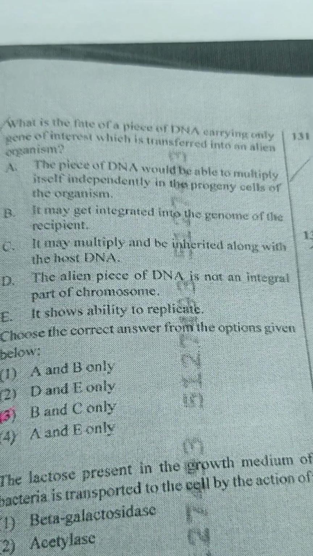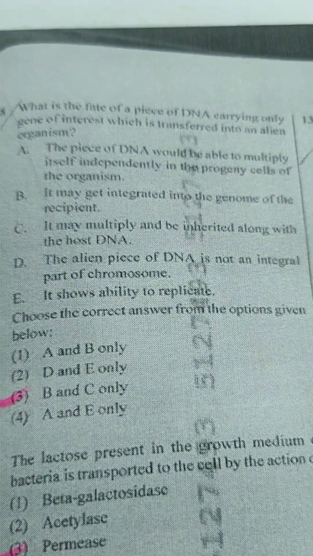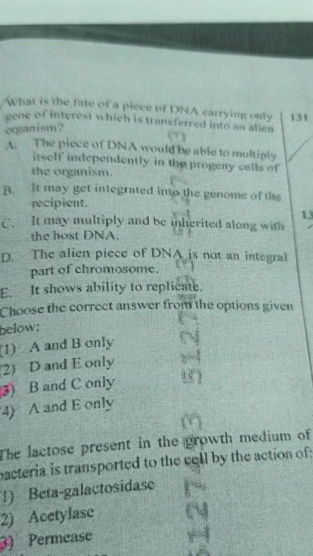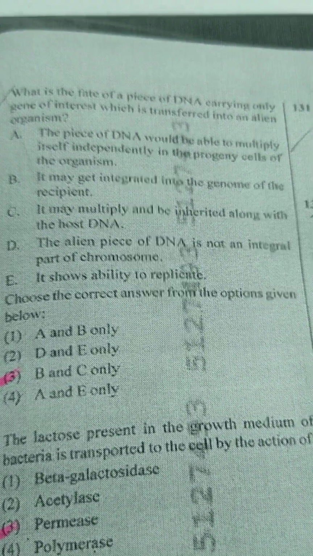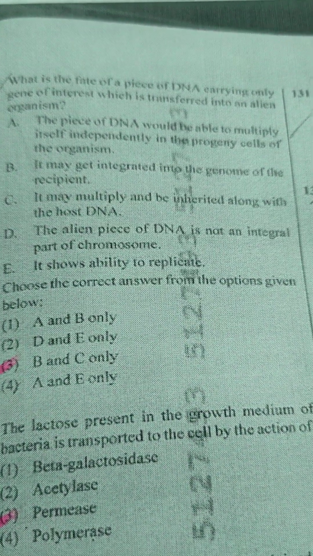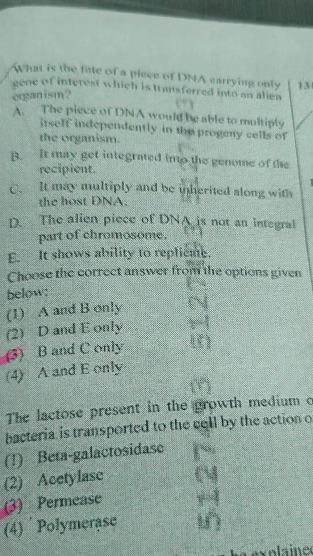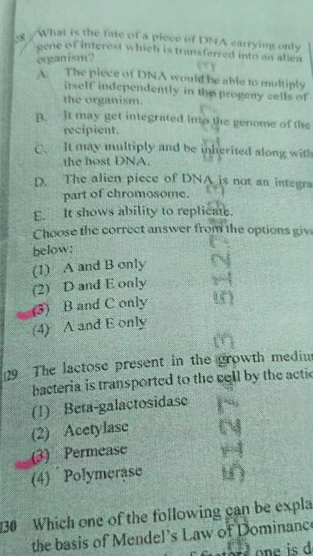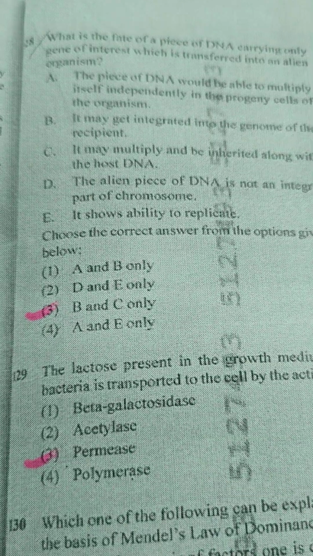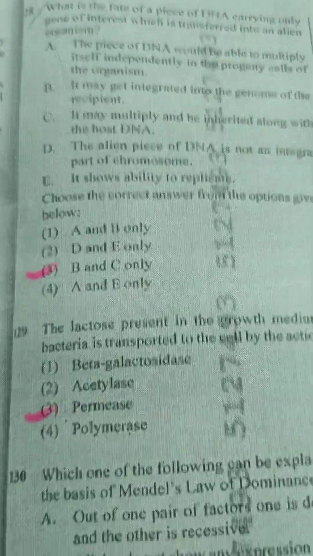B. It may be integrated into the genome of the recipient. C. It may multiply and be inherited along with the host DNA. D. The alien piece of DNA is not an integral part of the chromosome. E. It shows ability to replicate. Correct answer is 3, B and C only.